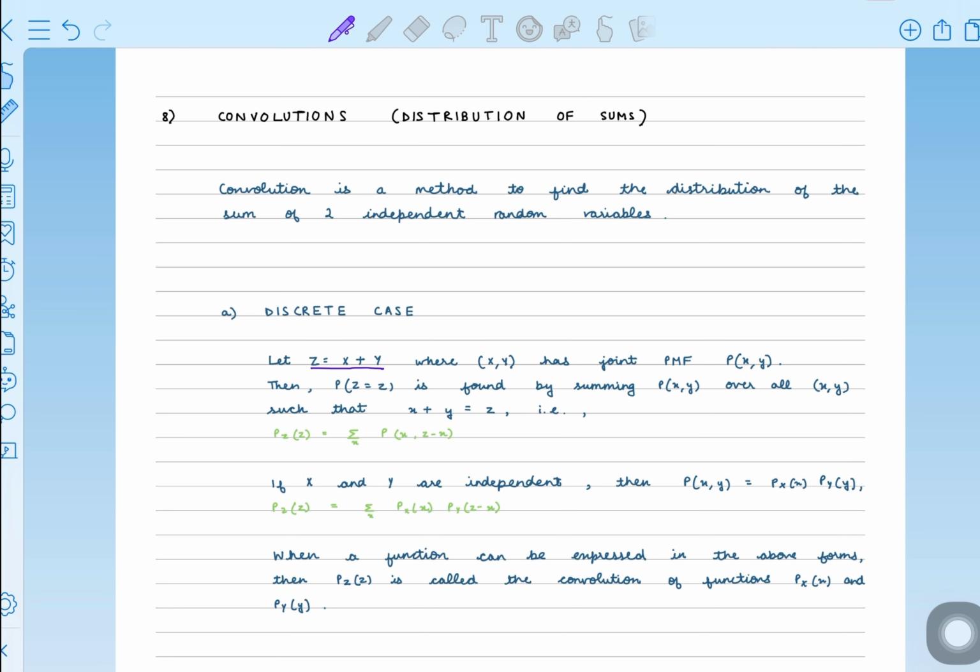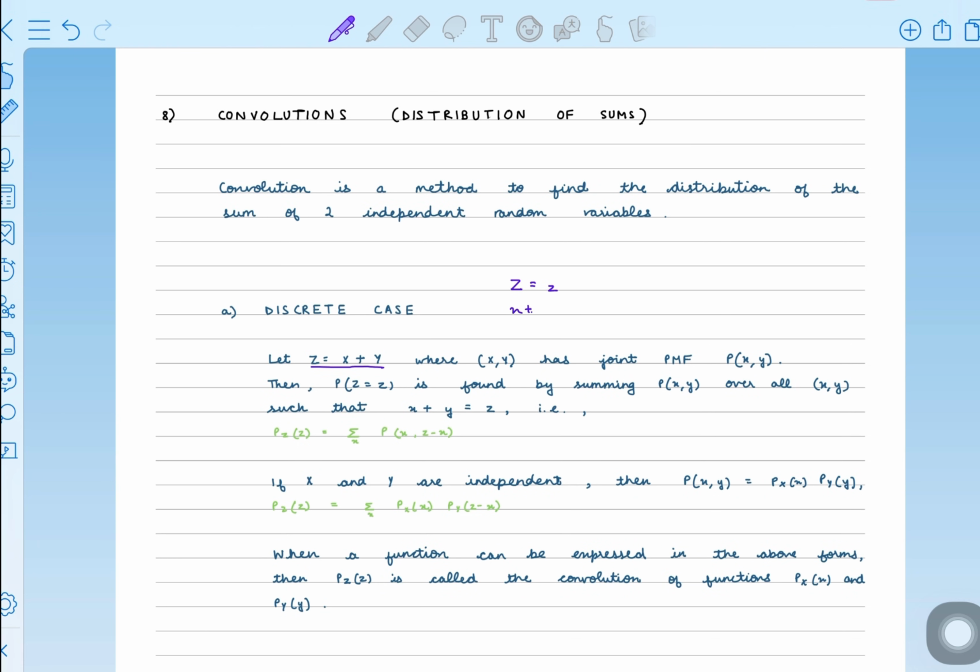Let's look at the discrete case first. Think of it in this manner. We want to find the probability that z takes the value z. Since z is equal to x plus y, we need all pairs of x, y such that x plus y is equal to z.